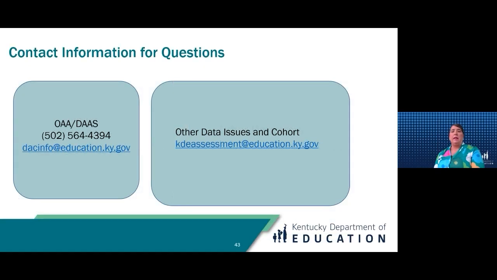Okay, here is what to use if you need to contact us with any questions about your data, individual students, SDRR, cohort, or contacts that you need for other offices to help you, if you didn't see that on the other slides, or if there are other data issues.